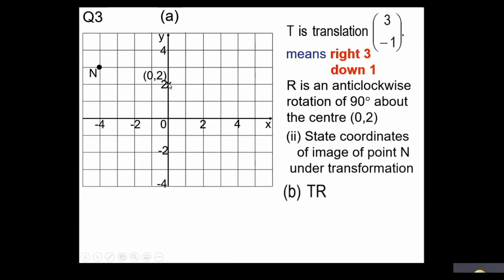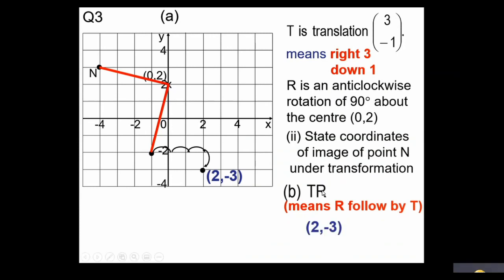Then if you rotate here, it becomes 1, 2, 3, 4, 1. So this point first, but we are not done yet. This one is R. Then T, this one, (3, -1). So 1, 2, 3, 1. So you get (2, -3).